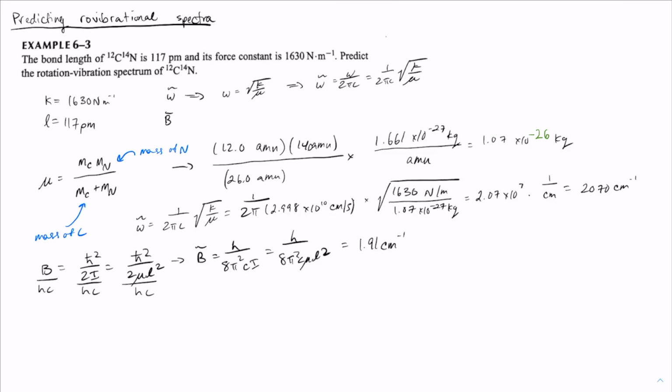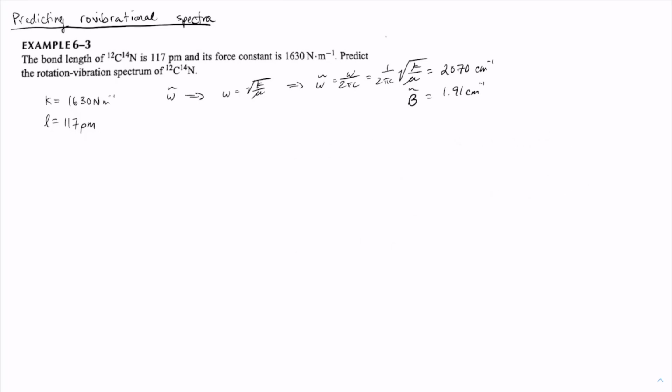Okay, so let's collect our intermediate results up at the top so we can make some room to draw a spectrum. So this is 2070 wave numbers, and then b tilde is equal to 1.91 wave numbers. Okay, now we can use this to sketch a spectrum. So the first thing we do is we draw our axis.